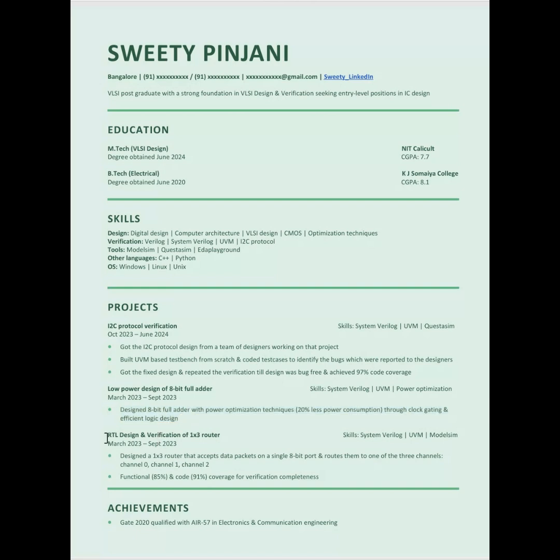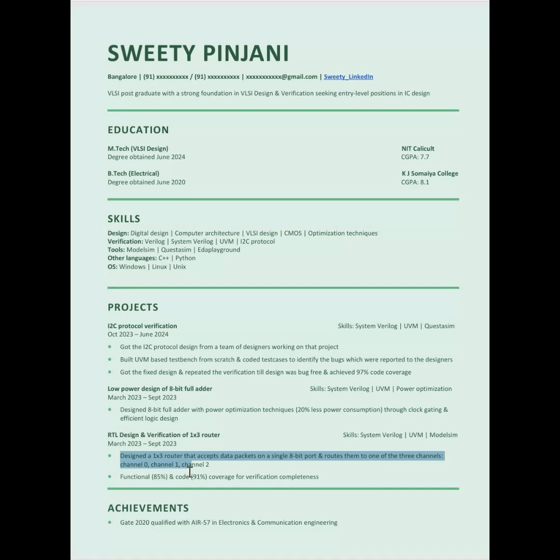The third project is RTL Design and Verification of 1 by 3 router. The skill set which the candidate has learned is SystemVerilog, UVM and ModelSim. They have mentioned the duration of the project, and then what did they do? They designed a 1 cross 3 router that can accept the data packets on a single 8-bit port and route them to one of the three channels.